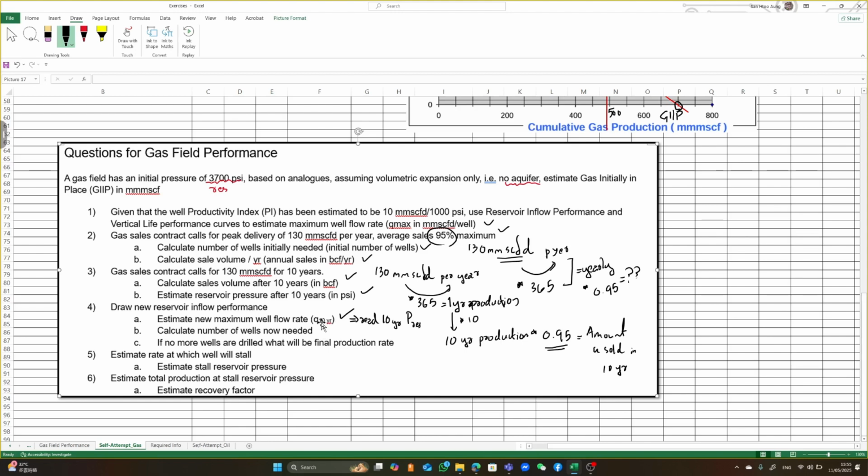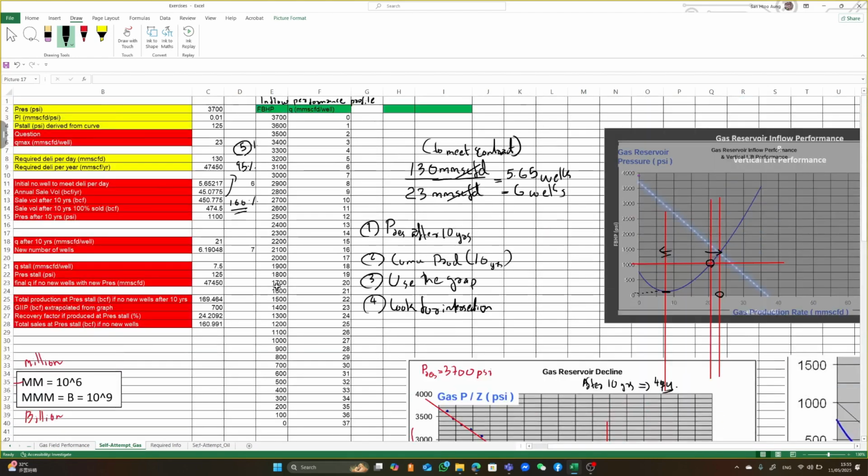So we need to use the flow rate which is produced after 10 years, and then calculate it. So final Q, if no new wells, with a new reservoir pressure is made. So we got a new number of wells, which is 6.19.